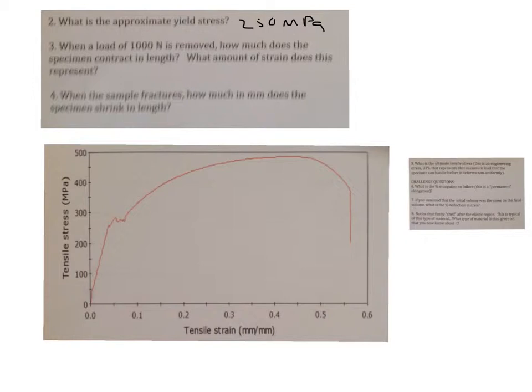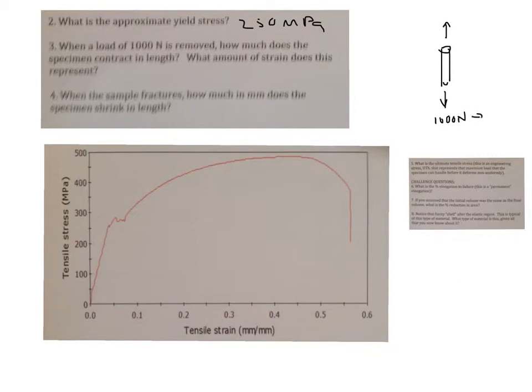Then the next question, when a load of 1,000 newtons is removed, how much does the specimen contract in length? So this is a bit of a tricky question. You're starting with the presumption that you have the sample in tensile load, and the load on this thing is 1,000 newtons.